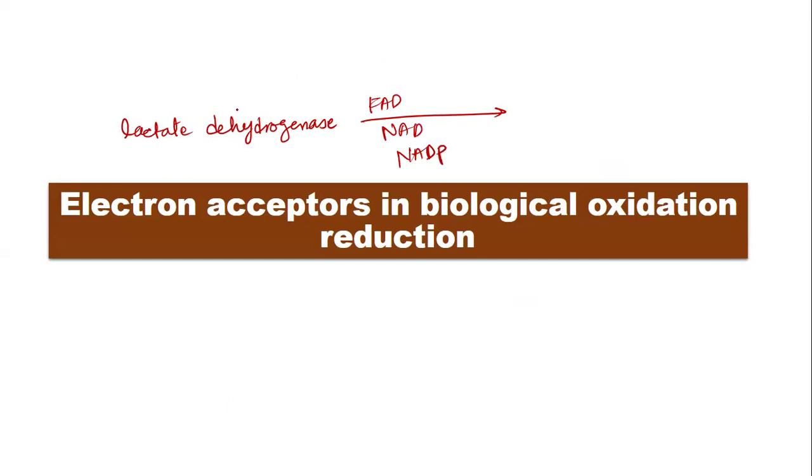So when this enzyme converts a species, for example species A, to its oxidized form and releases 2 electrons, these coenzymes can pick those electrons and they can be converted from their oxidized form to their reduced form.